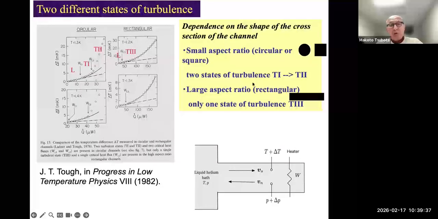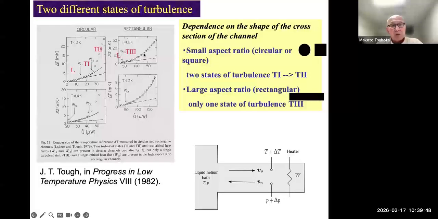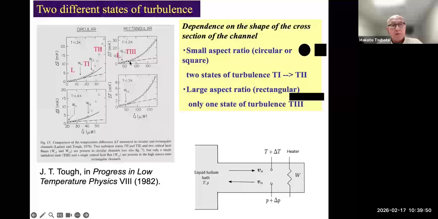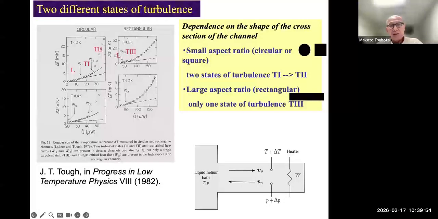But in a large aspect ratio channel, for example with an aspect ratio of 1 to 10, only one turbulent state, T3, was observed. So this is still a mystery.